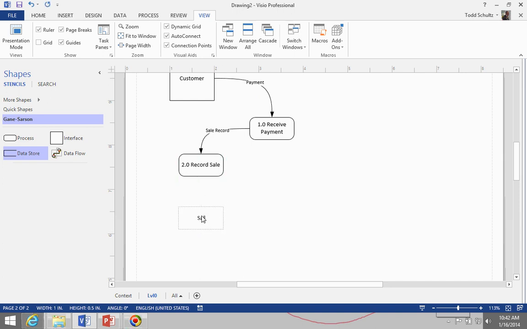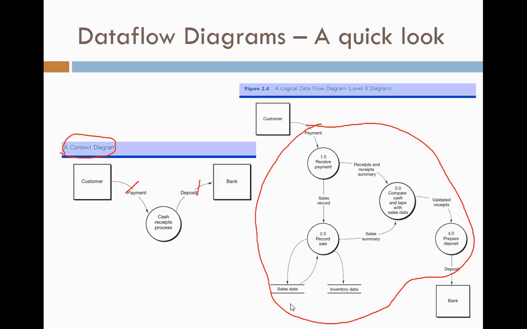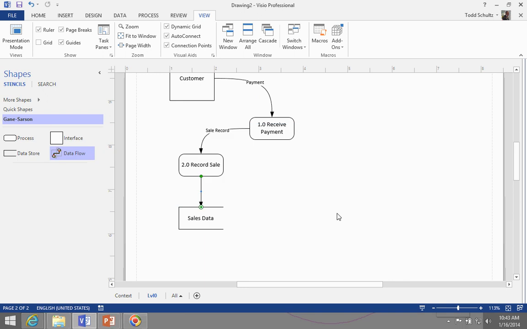And sales data. It is kind of customary that you show the data flows themselves. But sometimes data flows into and out of a data store are not labeled, because it's understood that we must be pulling sale data in and out because of the name of the data store.